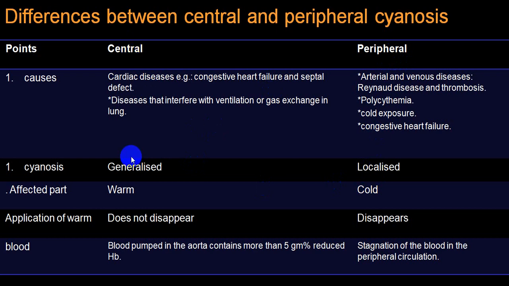By and large in central cyanosis the affected part is warm, but in severe congestive heart failure the periphery may be cold because of peripheral vasoconstriction, while in peripheral cyanosis, other than congestive heart failure, the extremities will be cold all the time. But in congestive heart failure there is a mixed cyanosis, so you will have an element of central cyanosis plus extremities which will be cold.